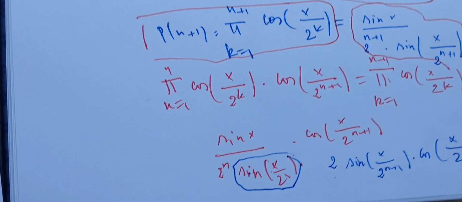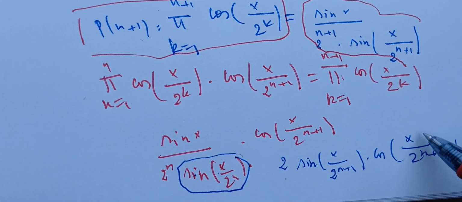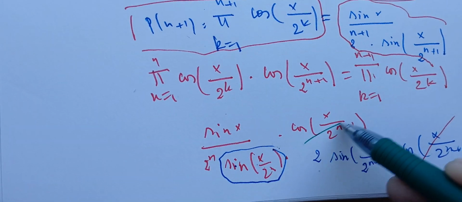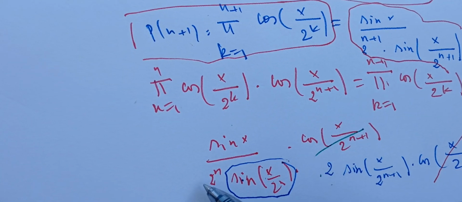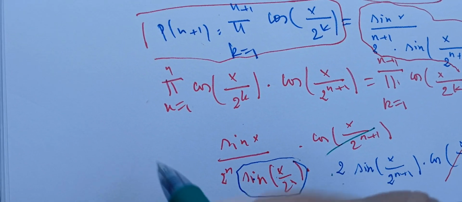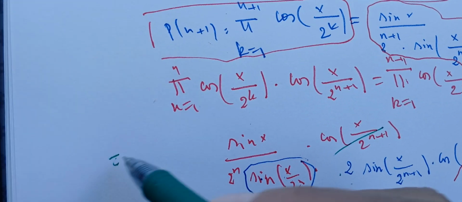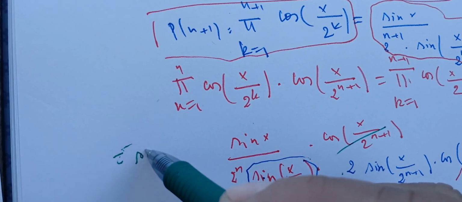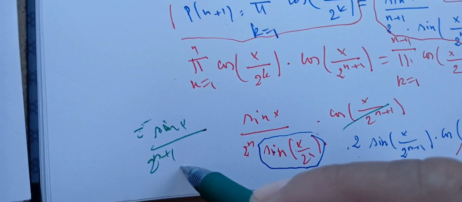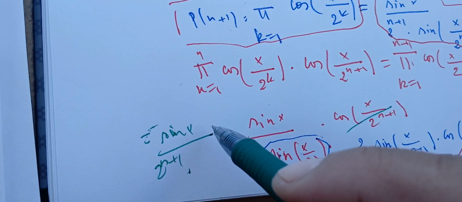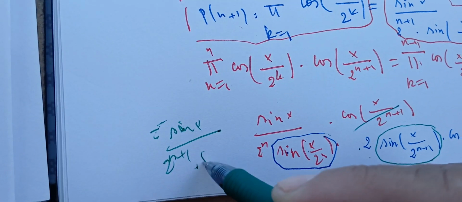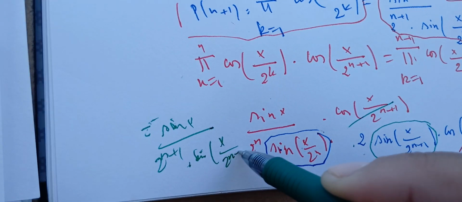And once we have that, this one will go with this one, and 2 times 2^n is going to give us 2^(n+1). Let me write it down. This will equal sine of x over 2^(n+1) times sine of x over 2^(n+1).